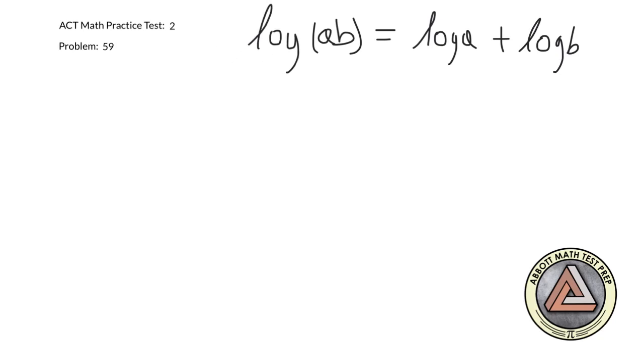Also, it helps to know that if I have log of some number x raised to a power called b, what I could do is bring that exponent of b all the way out front.